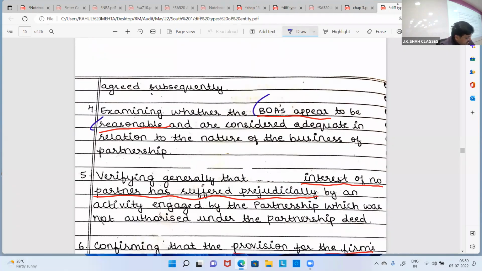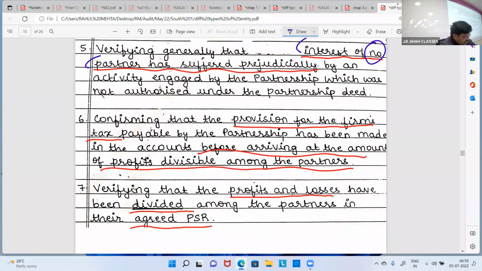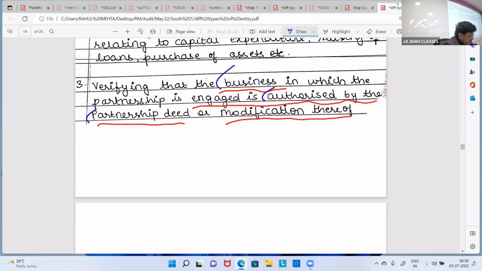Books of account should be reasonable. Interest of no partner should suffer prejudicially. Provision for taxes should be made before dividing the profits, and profits and losses should be divided in PSR. Manageable? Read the entire answer now.